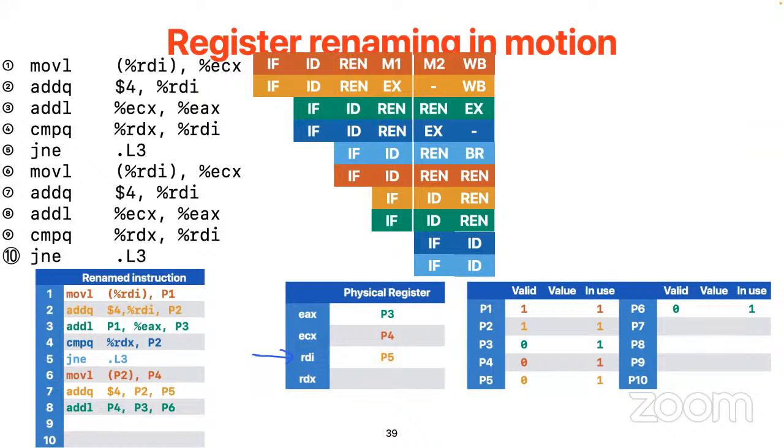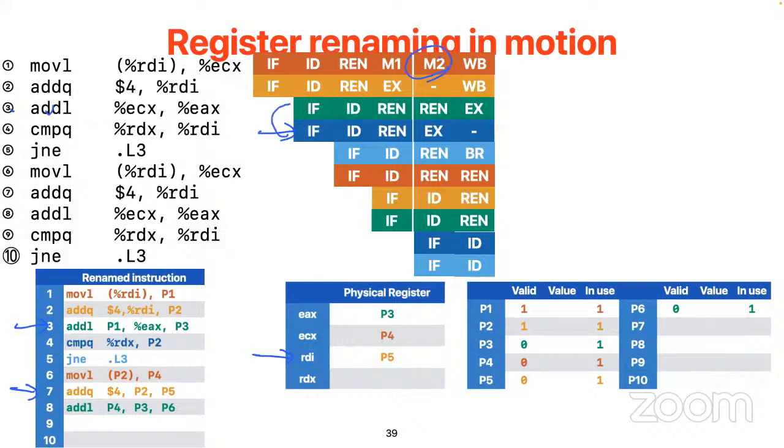But for the addq instruction, there is no reason why it cannot be executed whenever we have an execution unit available for it. In the meantime, for the third instruction, because that's also the cycle in which the memory instruction finishes execution, we can put the third instruction into execution. At this time, the fourth is already done with its execution.